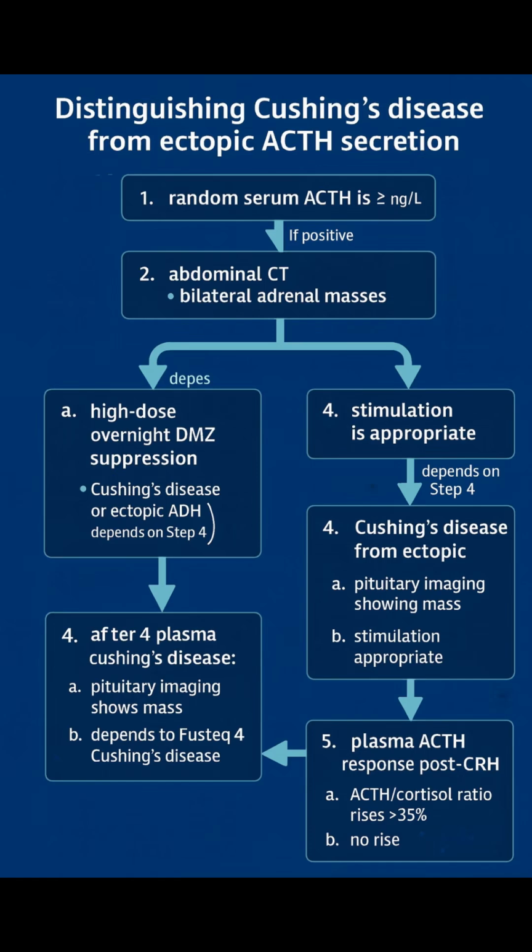The next thing we do is, because we are suspecting that there might be some kind of adrenal tumor, we go for an abdominal CT, and it usually shows a unilateral adrenal mass with adrenal tumors, or it can be normal, or there may be bilateral adrenal enlargement in ACTH dependent cases.